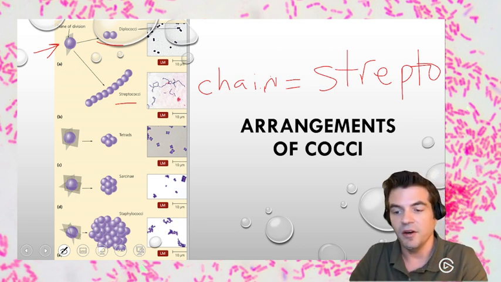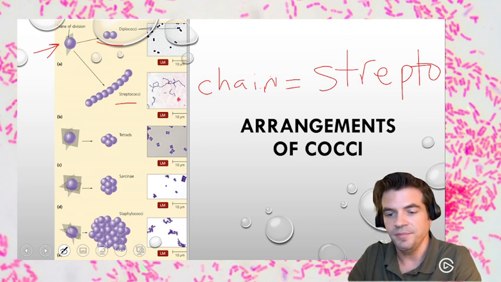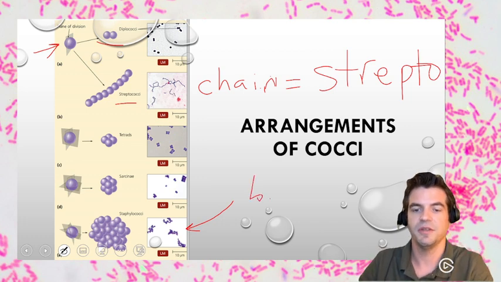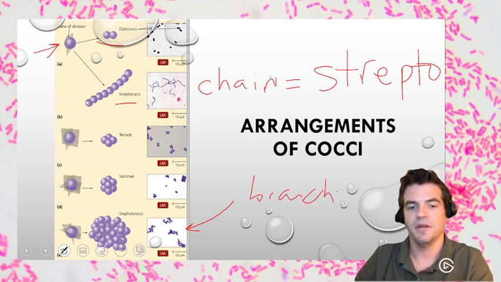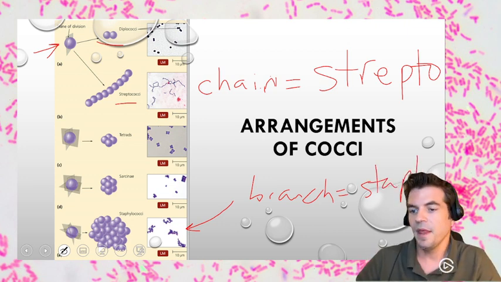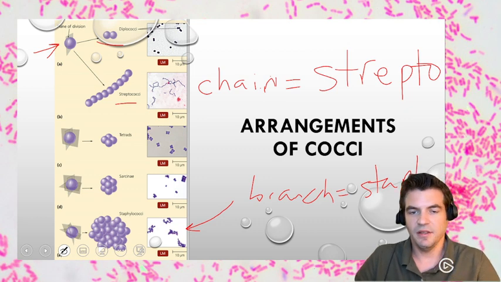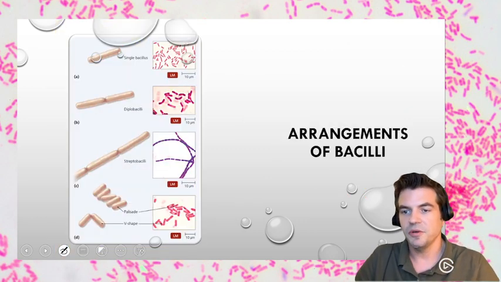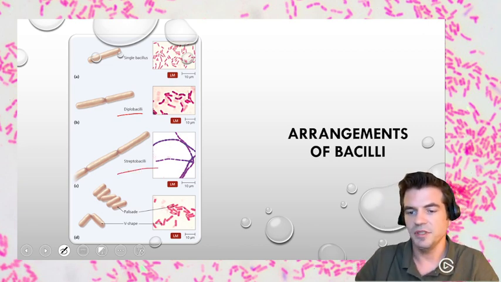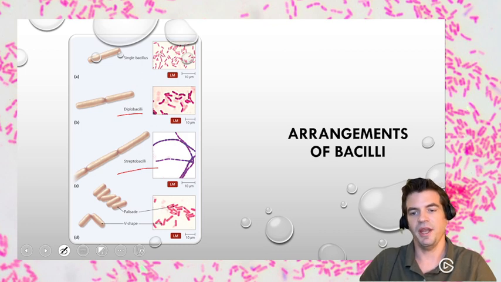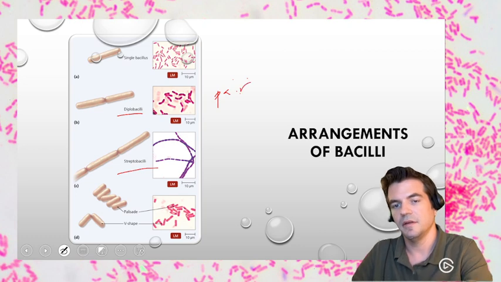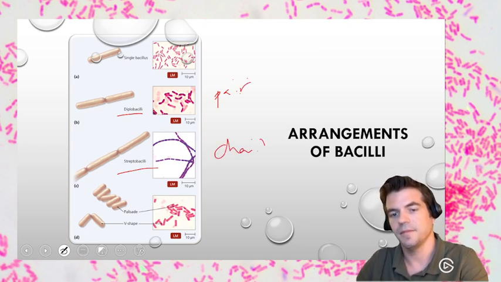And then if they are branching and dividing along any plane, they are staphylococci. So branch equals staph. Okay. So remember that as we head into our bacillus. They also have that diplobacilli distinction, and they have a streptobacilli distinction. Okay, so a pair and a chain.